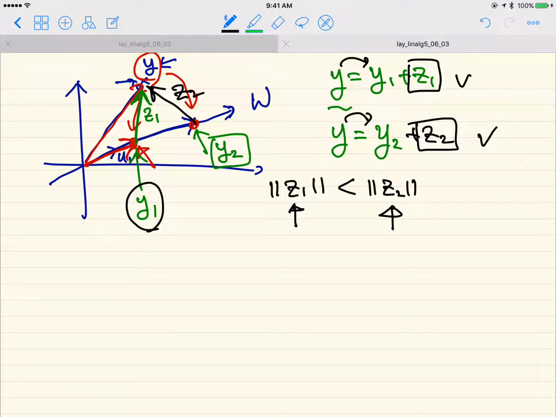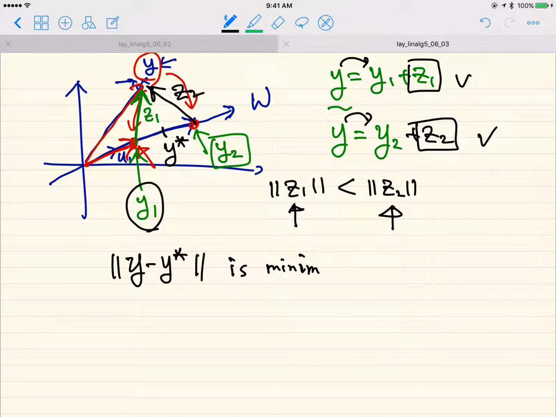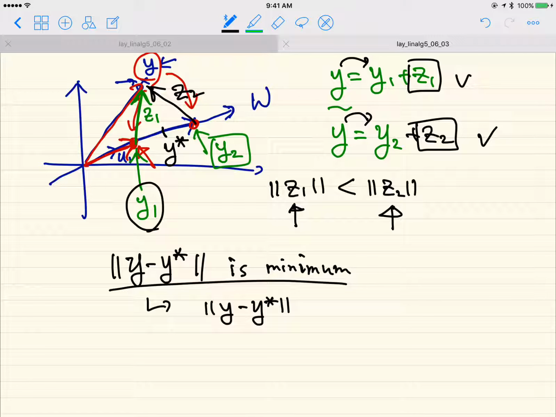Then what is the vector, for example y star, such that this y minus y star, which is our residual, is minimum?